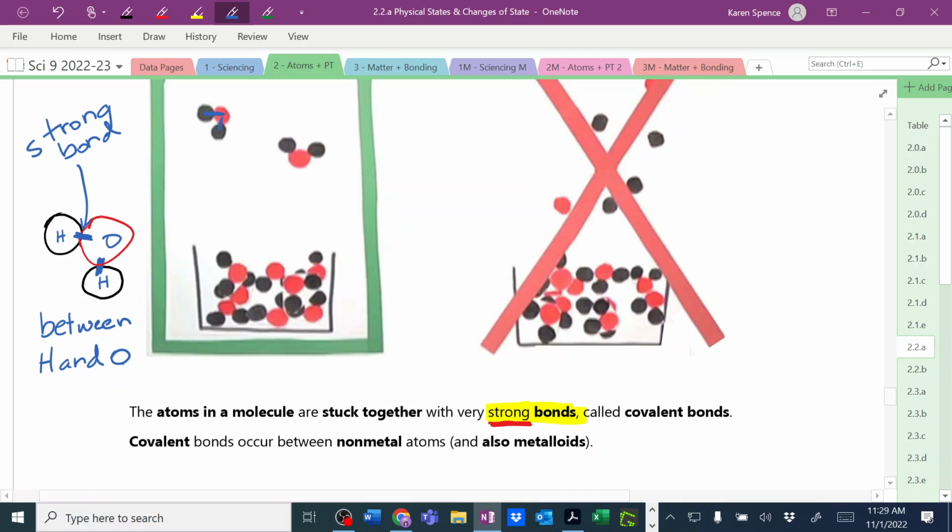And we're getting a little tiny preview here of our next unit. You don't need this for this unit, but in our next unit, you're going to learn that those very strong bonds between nonmetals are called covalent bonds.